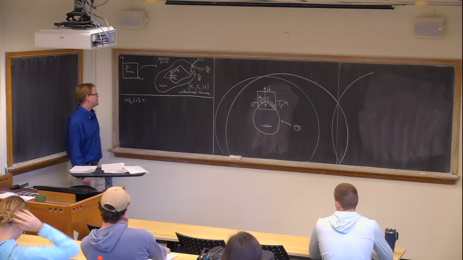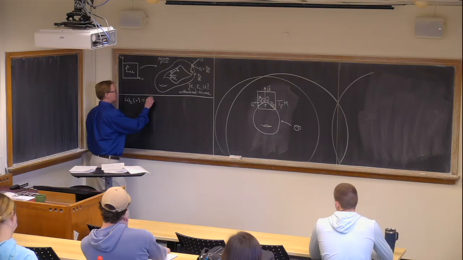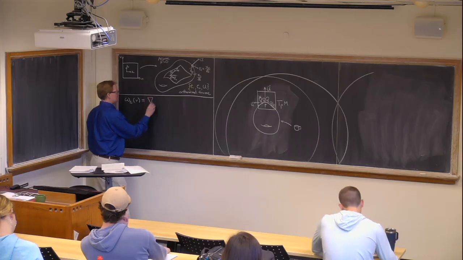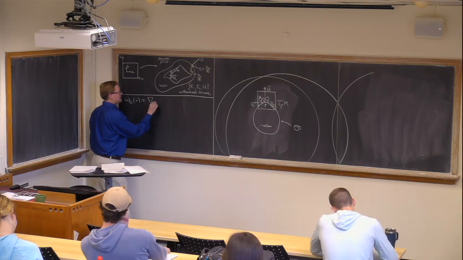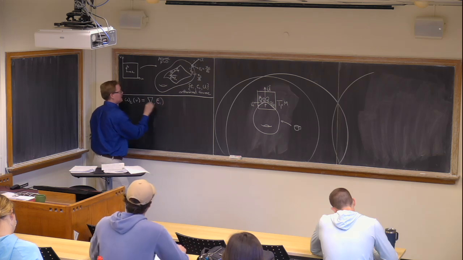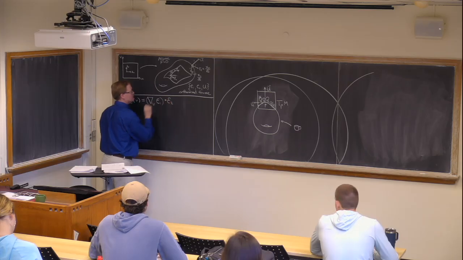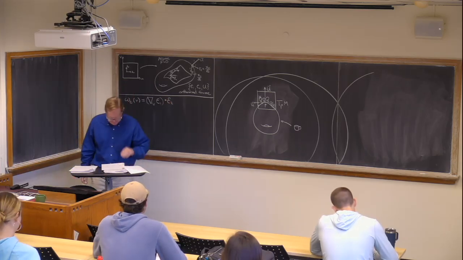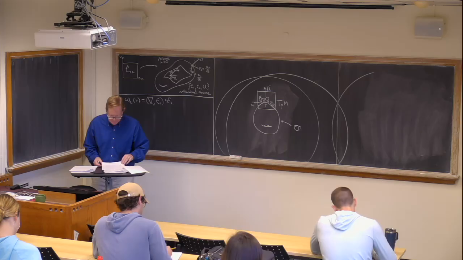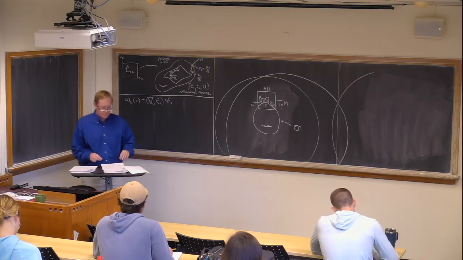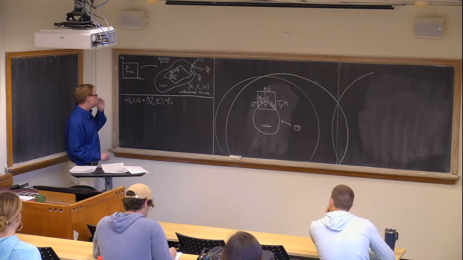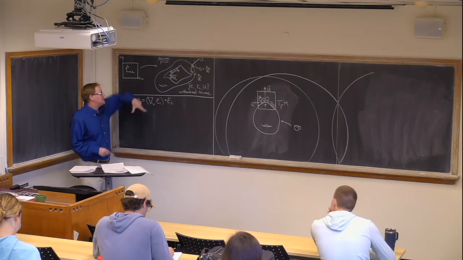That's what this omega 2,1 was. You may recall from last time, you take the covariant derivative in the direction of v of e1, and then you dot product it with e2. That was our definition of omega 2,1. And this has all the information in it of how much that frame is rotating.